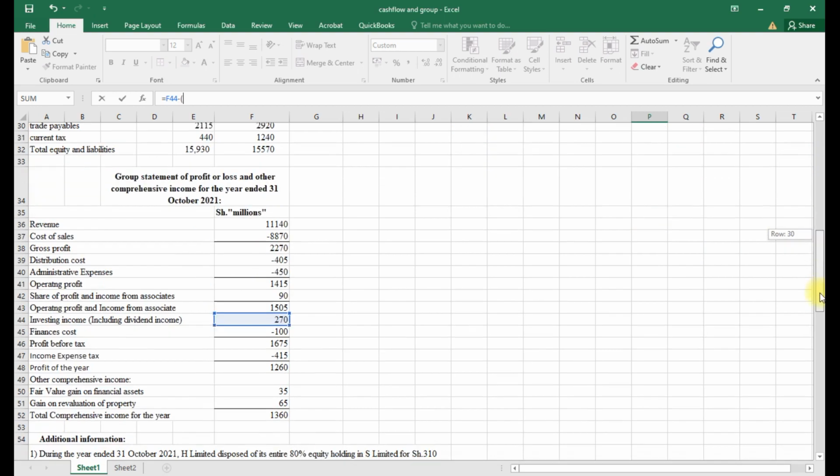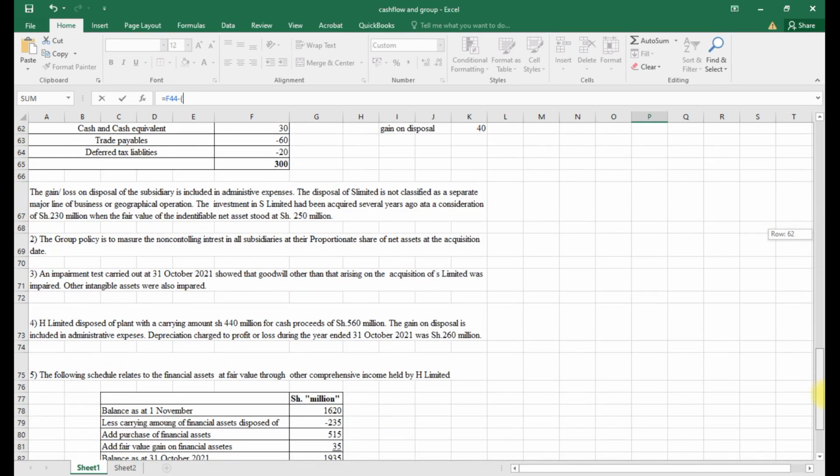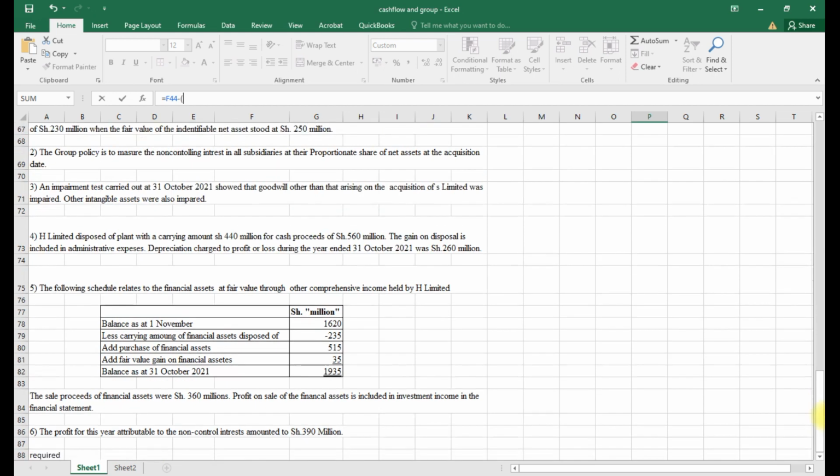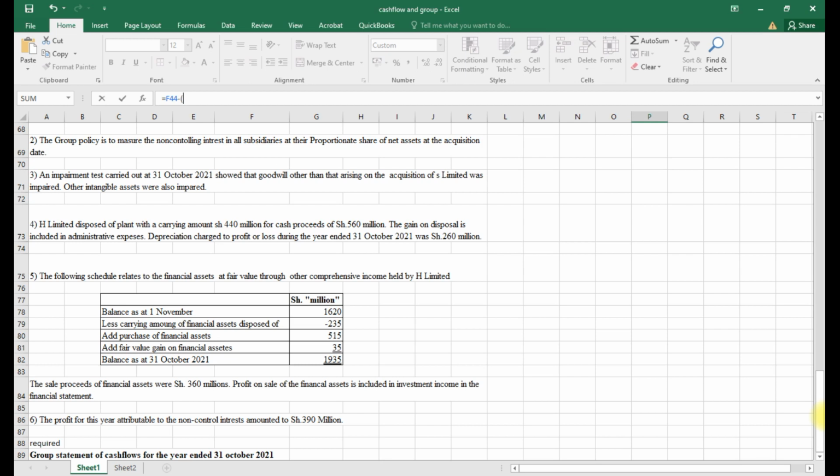When you look at the financial asset that was sold, it was sold at 360 and net book value was 235, and your total profit on sale of the financial asset is included in the investment income. So in this case, I will minus 360 plus the carrying amount.